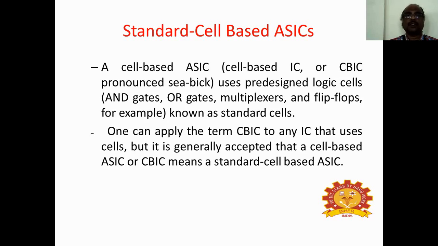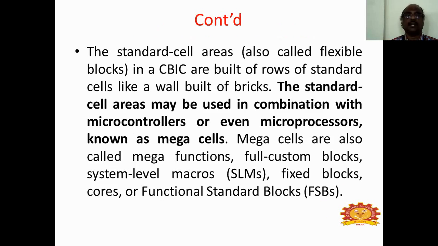This is also called flexible blocks, or the CBIC, the cell-based integrated circuit. As written on the slide, CBICs, pronounced C-bic, are built of rows of standard cells, like a wall built of bricks.